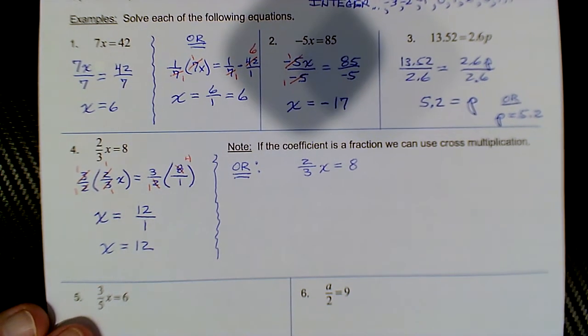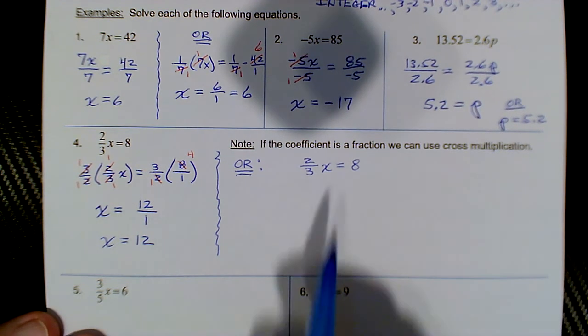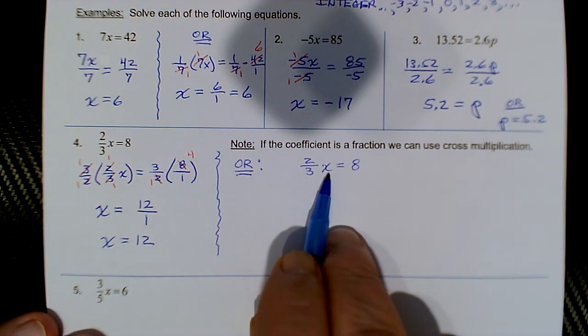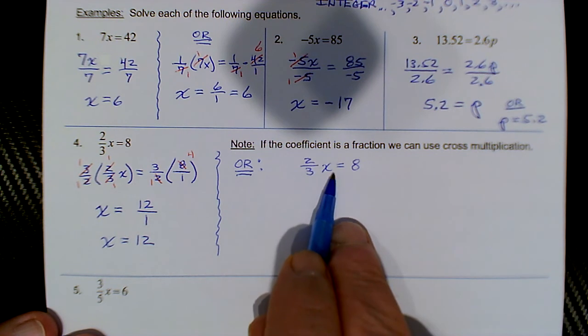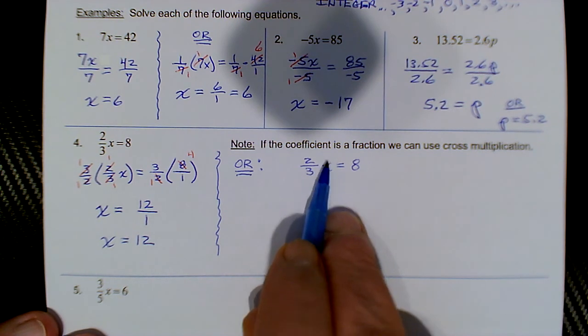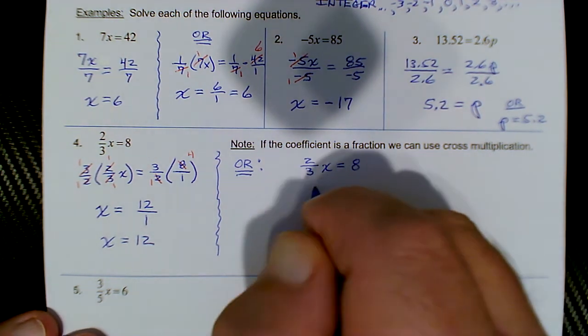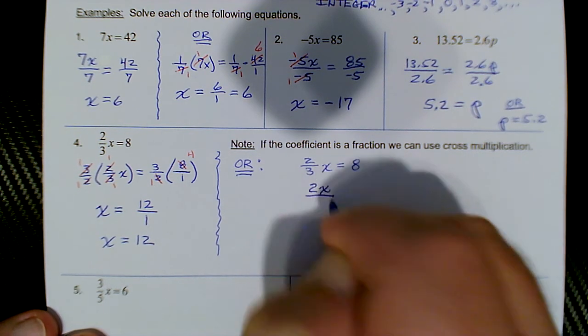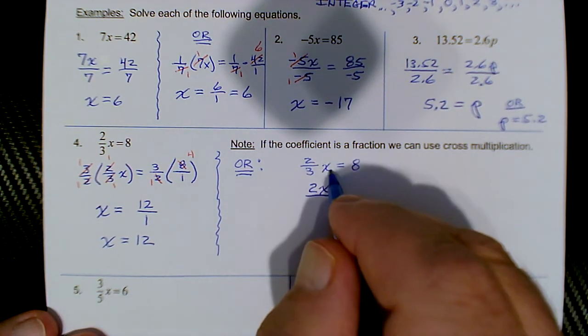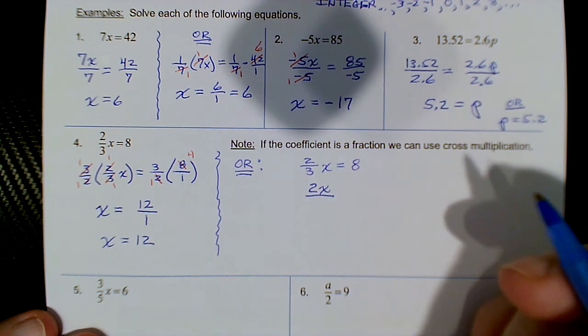Instead of having the x off to the right of this fractional coefficient, you can write the x in the numerator of the fraction. So it's basically your kind of, the x is absorbed into the numerator, because that's really x over 1 if you think of it.